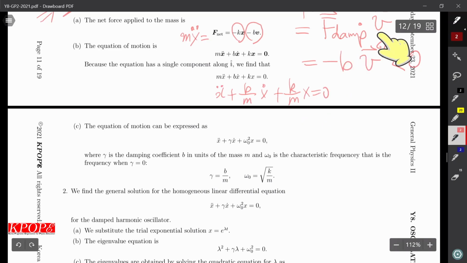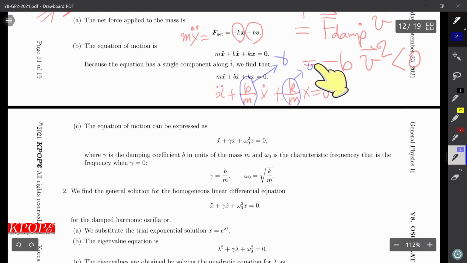We call this coefficient b over m the damping coefficient, but for simplicity we use gamma, and we already defined k over m to be omega 0 squared, where omega 0 is the square root of k over m, the characteristic frequency of the simple harmonic oscillator.